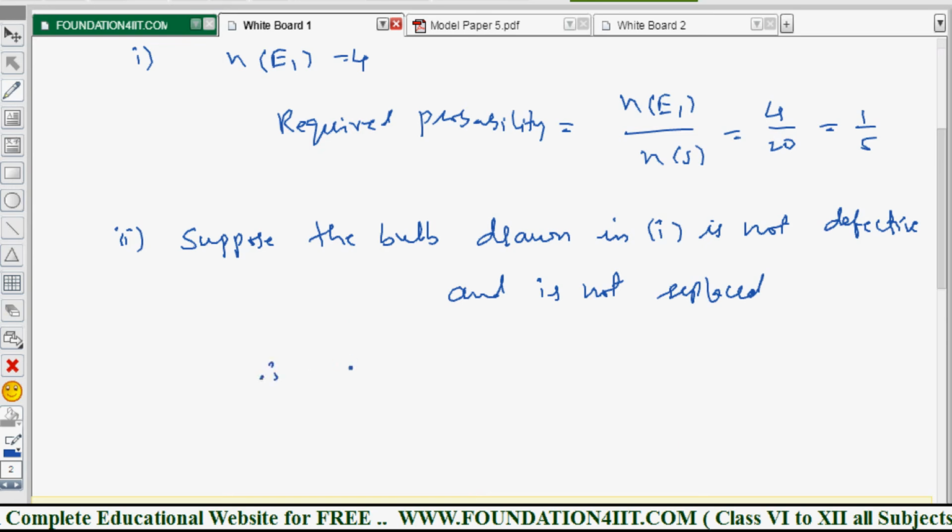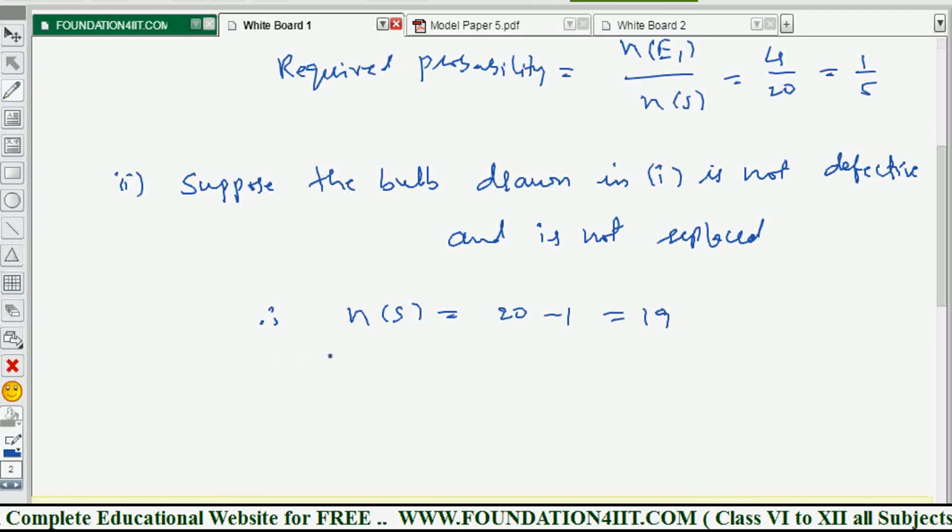That means n of S in this case is 20 minus 1, that is equal to 19. And the number of non-defective bulbs is 16, but one should be removed, that is 15.